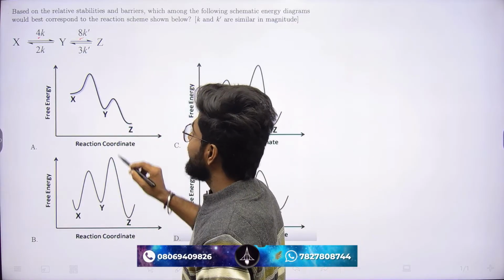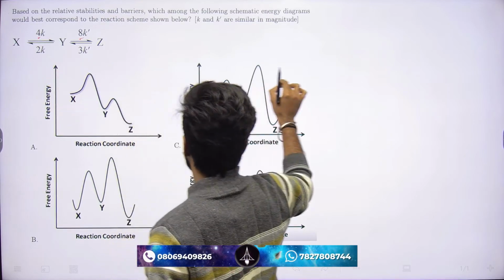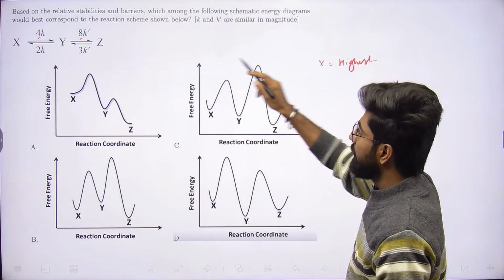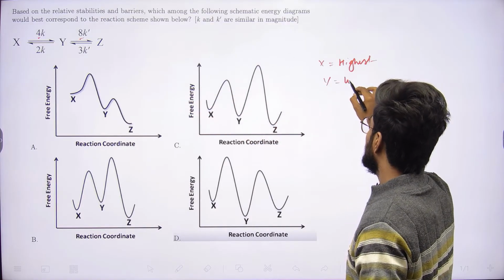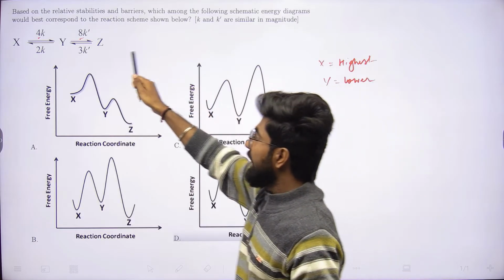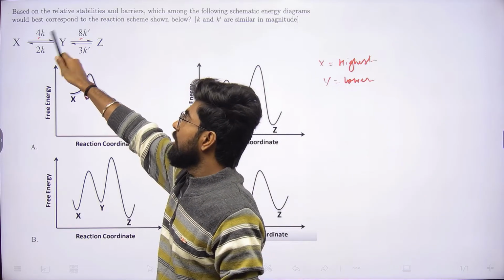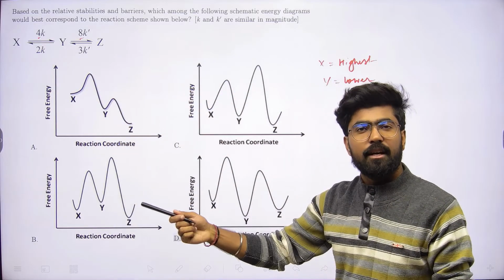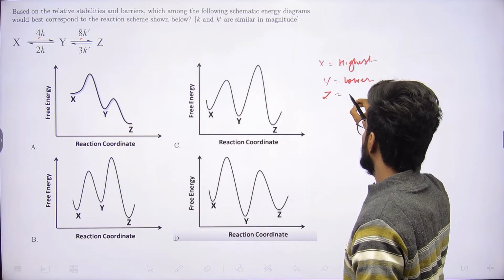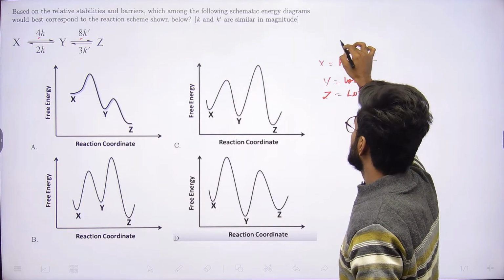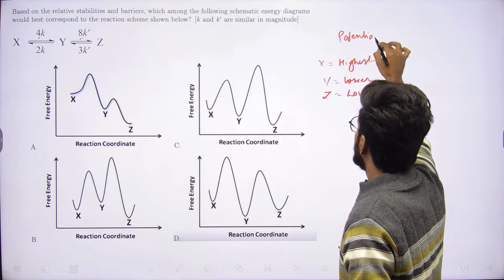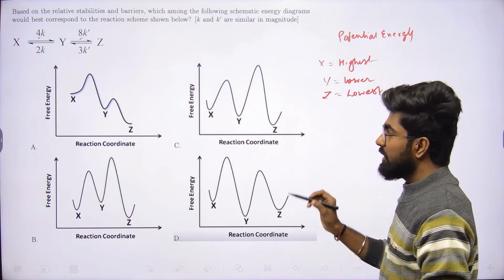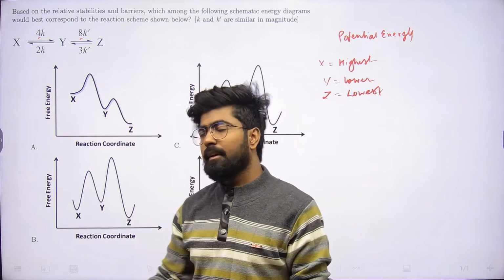So what you can guess from this is that the free energy, or the potential energy, of X is highest, the potential energy of Y will be lower, and since the rate is again double the first one when it goes to Z, it means that Z is even more stable. That is why the reaction is fast, right? So Z is the lowest potential energy, it means that your curve should be gradually decreasing for the values of X, Y, Z in the free energy.